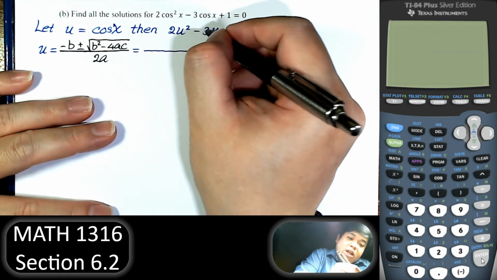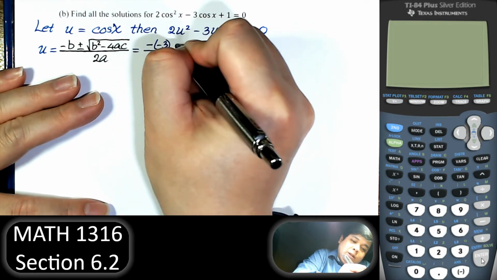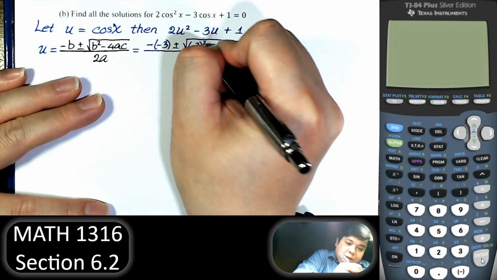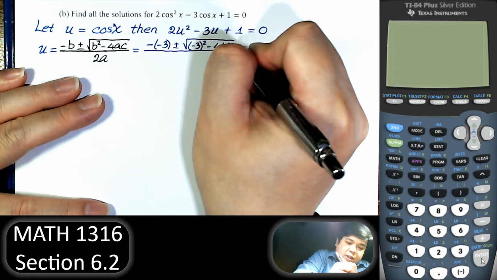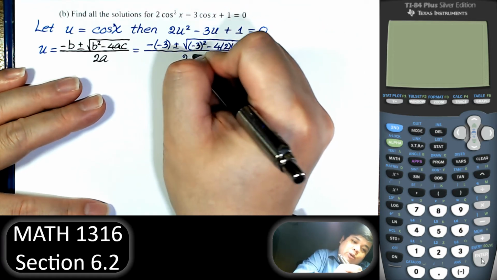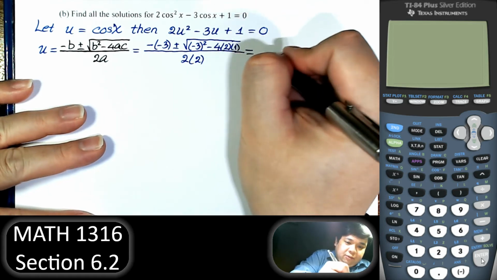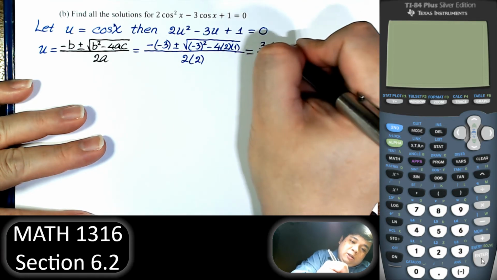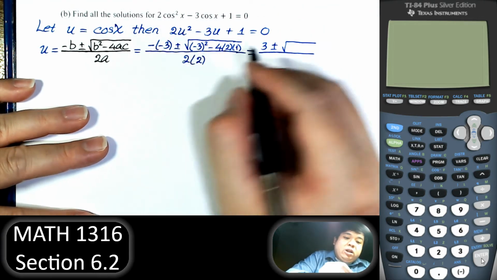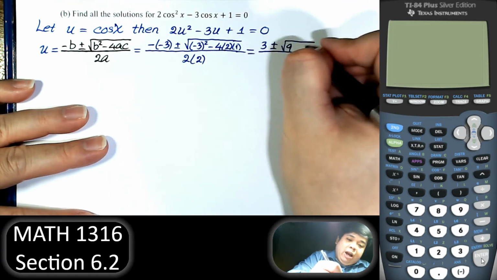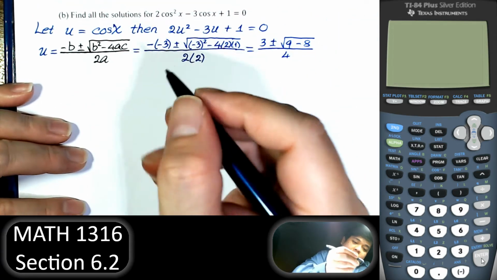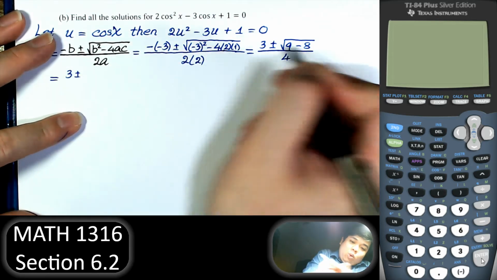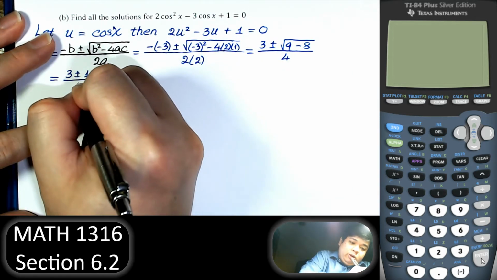Right, b is -3, b squared minus 4ac over 2a. So that gives us 3 plus or minus the square root of 3 squared, which is 9 minus 8, which is 1. So we have 3 plus or minus the square root of 1, which is still 1, divided by 4.